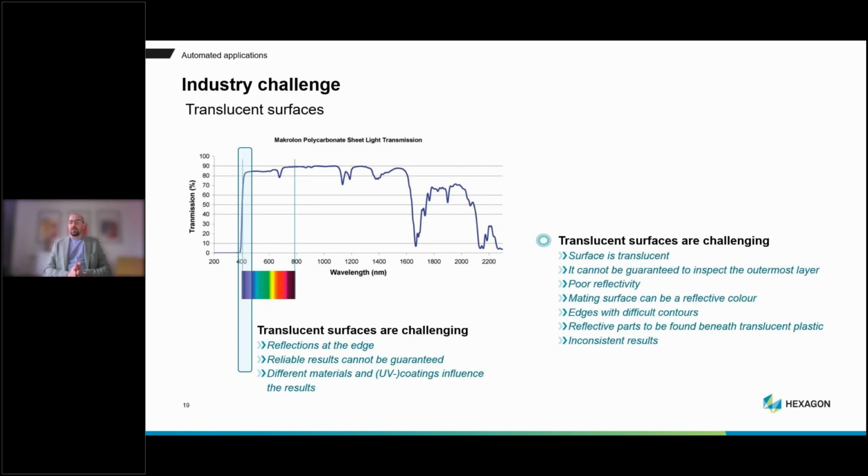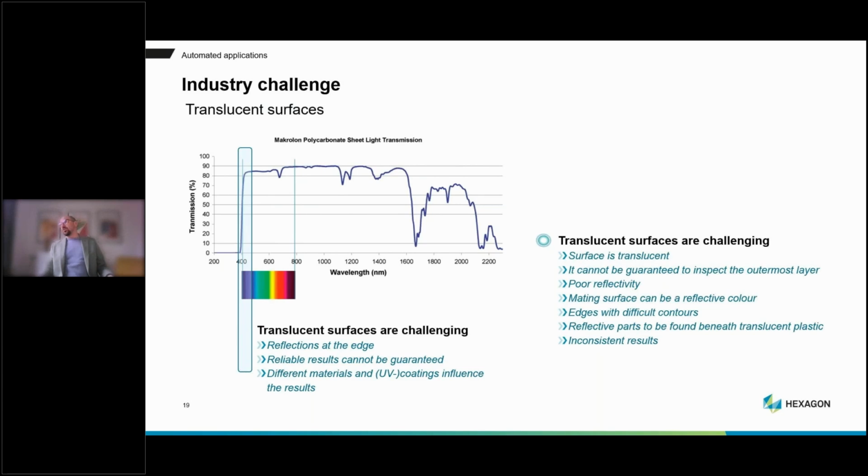We are not sure if the laser penetrates the surface. Sometimes we don't even see anything. There can be poor reflectability. Edges can have difficult contours. There can be reflectable parts beneath the translucent plastic, which will influence the measurement result as well. So we will have inconsistent results.